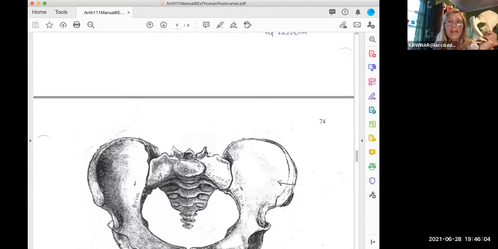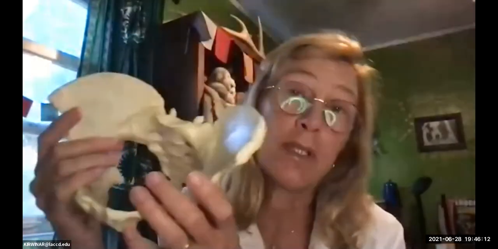So one way I like to think of a femur is that, not femur, did I say femur? Pelvis, of a pelvis, man, I'm really tired. This is an os coxa, this is the left os coxa. And to me, this looks kind of like a wave, maybe because I'm more of a beach person, but this is like a wave.